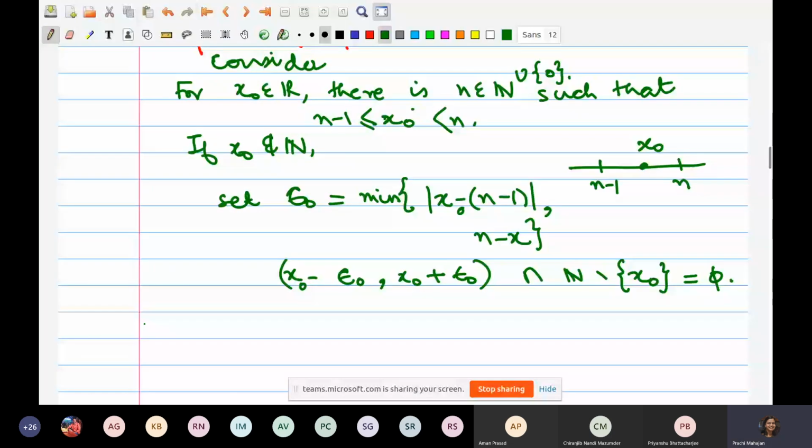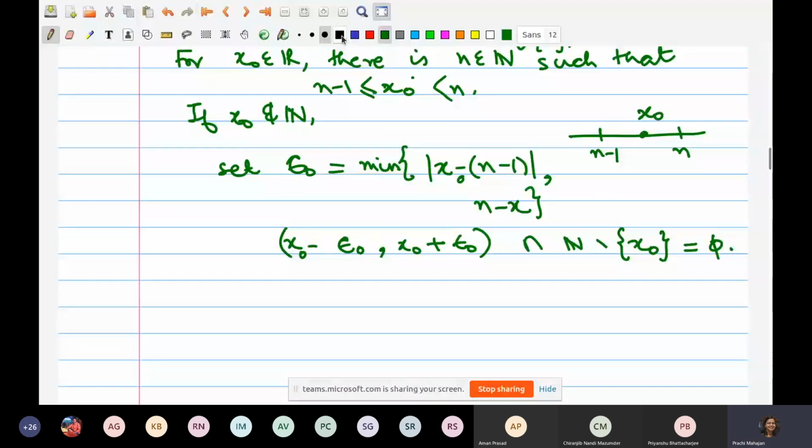This was another example on limit points. So here's another definition.